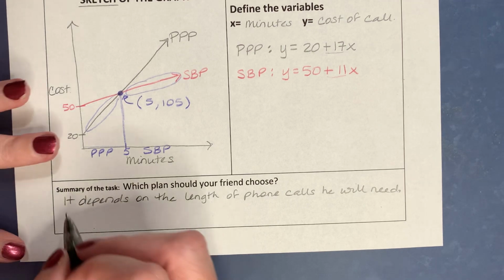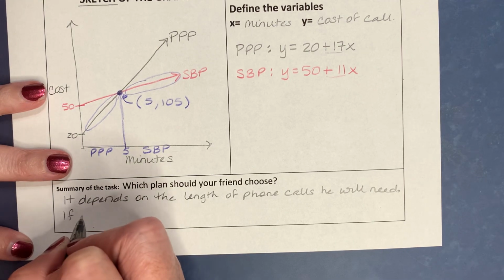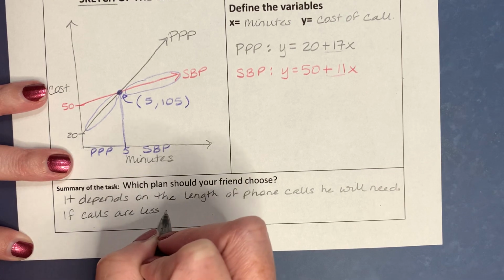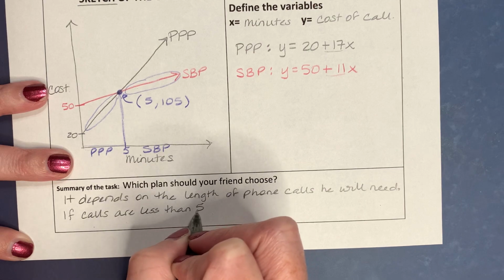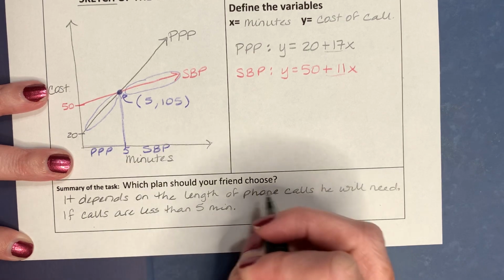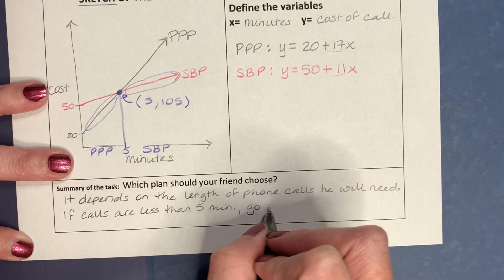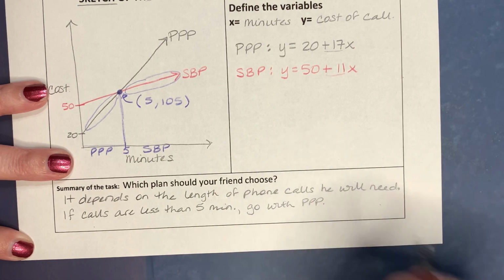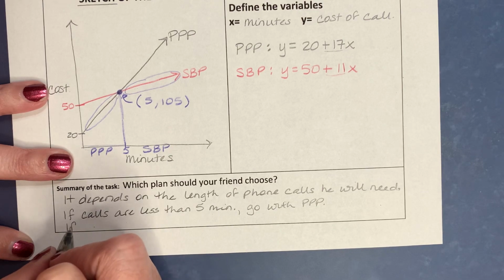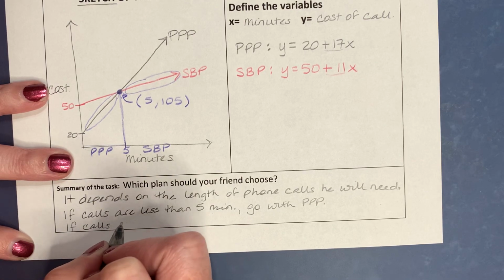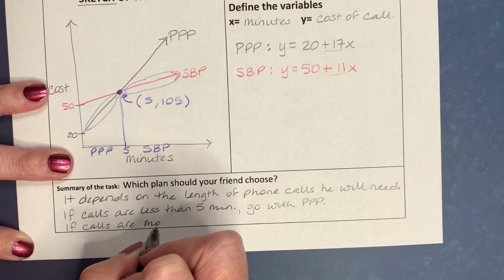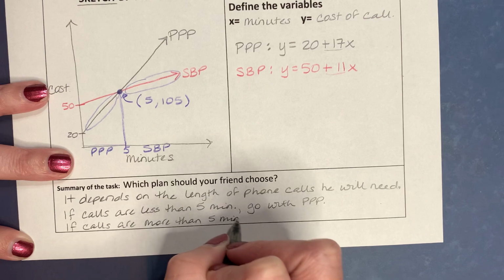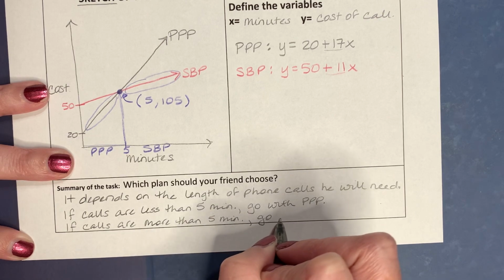If calls are less than 5 minutes, go with PPP. If calls are more than 5 minutes, go with SBP.